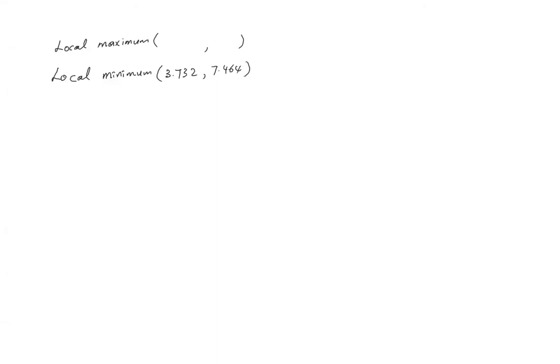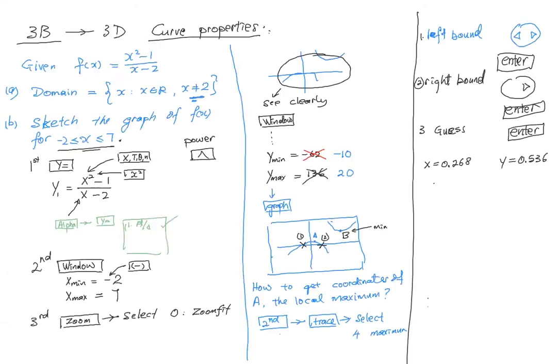Okay, so everyone, can you get the answer? 268, huh? So point A is 0.268, 0.536. Okay, point B, this is the local maximum, and this is the local minimum, okay?